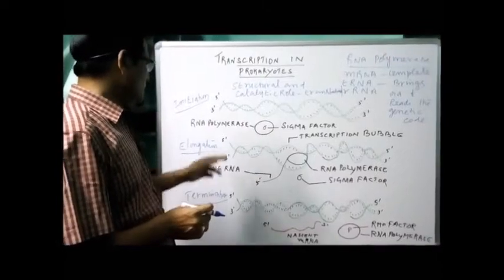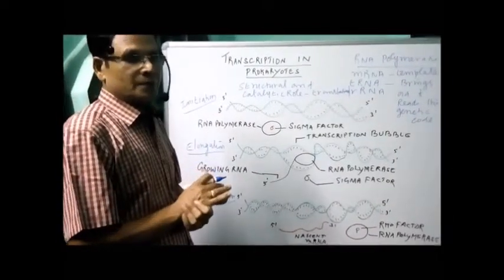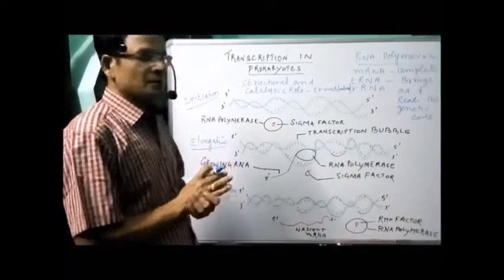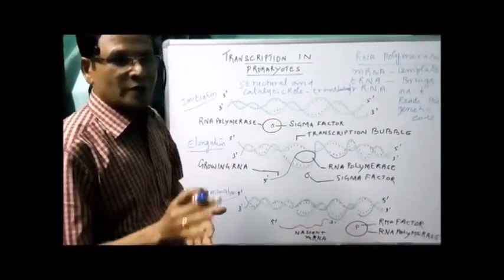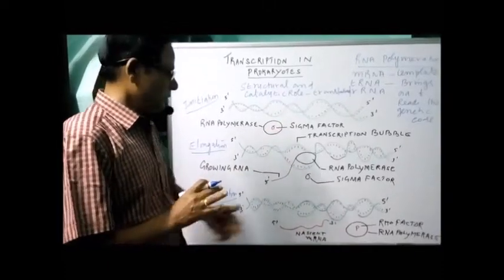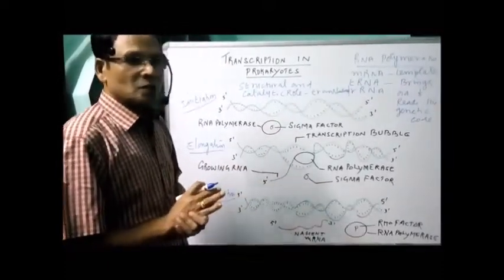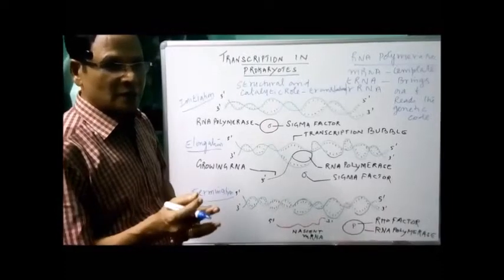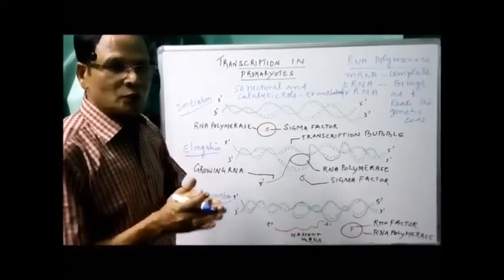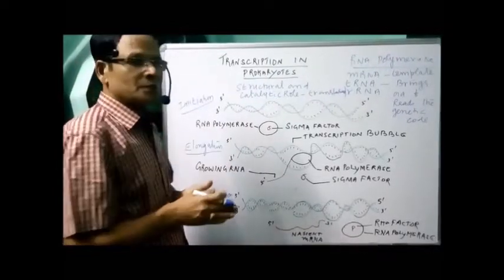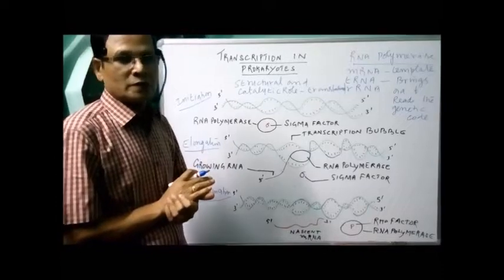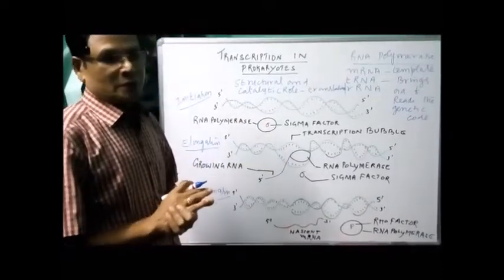Now, the RNA polymerase associates, transiently, with the initiation factor called sigma factor and the termination factor called the rho factor, temporarily, either to initiate the process of transcription or to terminate the transcription process.